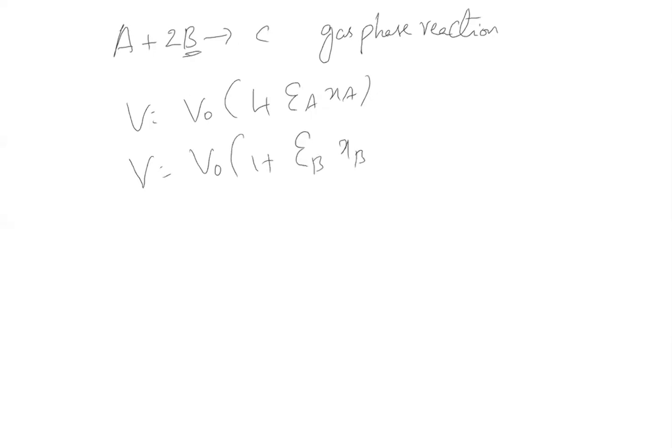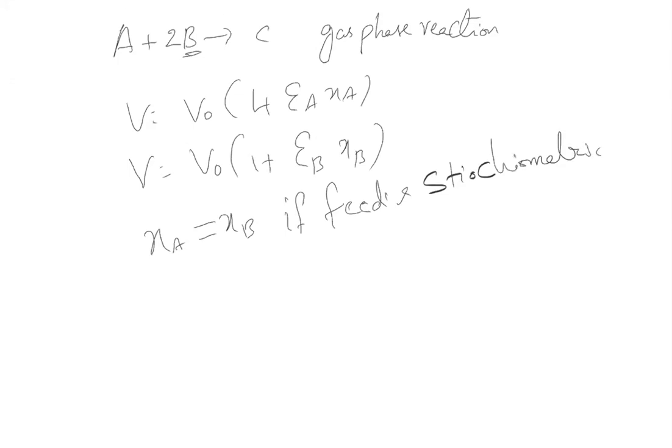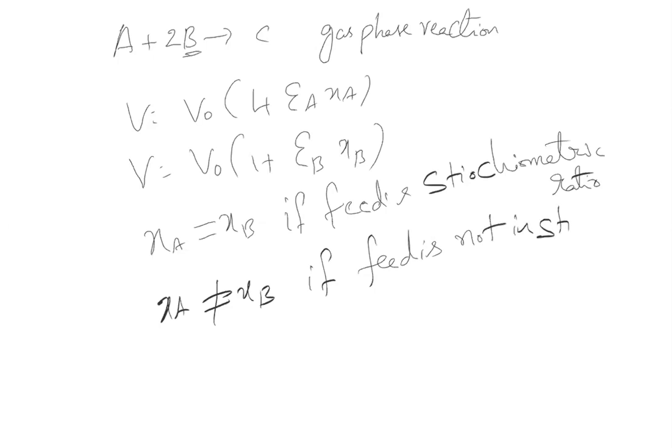(1 plus εB XB). XA equals XB if the feed is in stoichiometric ratio. XA is not equal to XB if the feed is not in stoichiometric ratio.